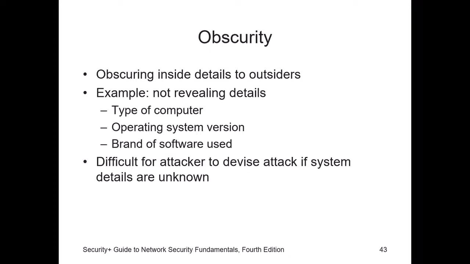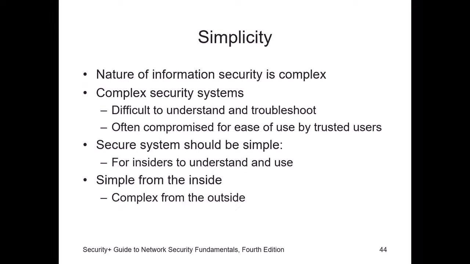Okay, they have to be trained. Simplicity: you want to make it simple enough that your employees can follow it easily. And if something goes wrong, you can actually track down and figure out where the problem is. Don't make it so complicated that nobody can follow what you're trying to do in terms of securing your data or your organization.